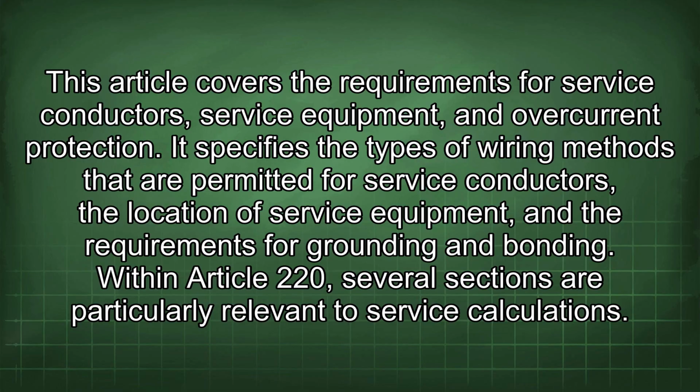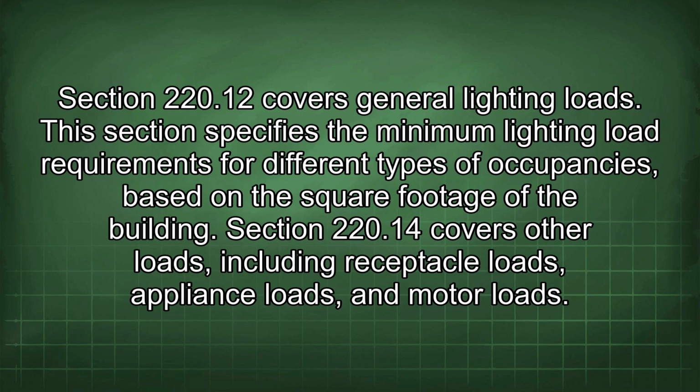Within Article 220, several sections are particularly relevant to service calculations. Section 220.12 covers general lighting loads. This section specifies the minimum lighting load requirements for different types of occupancies based on the square footage of the building. Section 220.14 covers other loads, including receptacle loads, appliance loads, and motor loads.